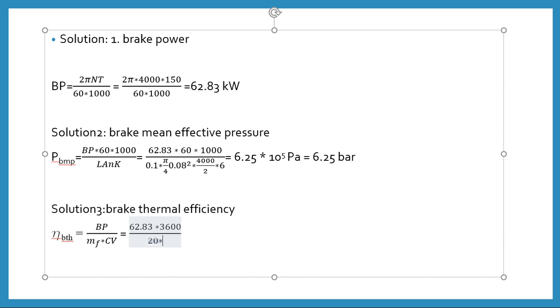Now put the value of the CV, which is 43,000 kilojoule per kg.